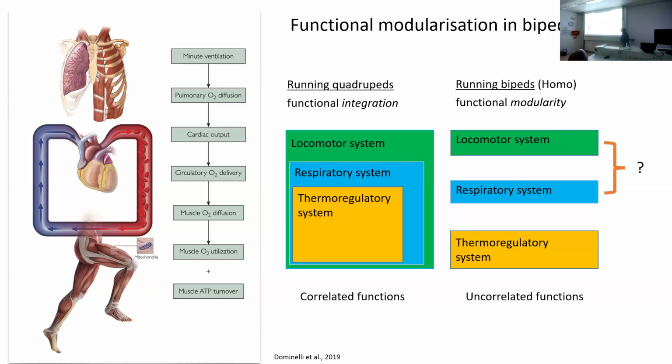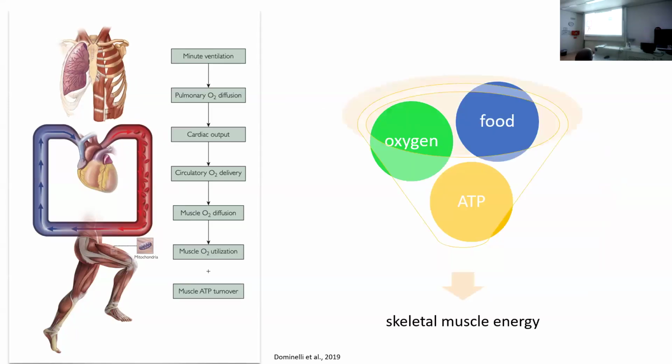We see that lung ventilation is on the oxygen which comes into the circulatory system, and it is there used to distribute the energy to the cells.